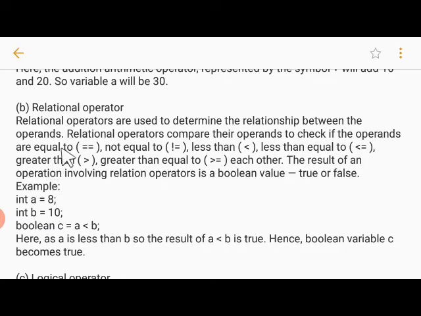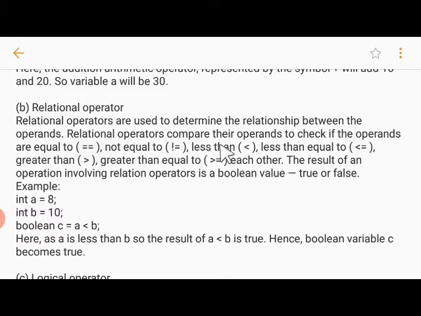Now we talk about the relational operators. So relational operators are used to determine the relationship between the operands. Alright, like in mathematics you write x equal to y, so that means it can be either true or false. So there is a relationship between x and y. So similarly they say relational operators are used to determine the relationship between the operands.